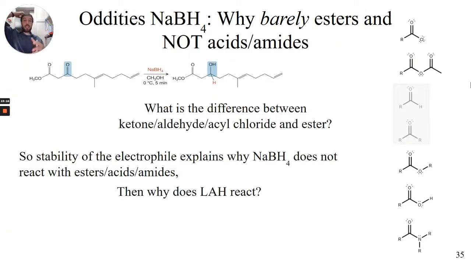Why would lithium aluminum hydride actually react? Well, as we talked about in the last unit, it's more active. But why? Lithium has a stronger connection with the oxygen of our carbonyl. That stronger connection polarizes that bond, making the electrophilic site much more active as an electrophile. What else? The aluminum is larger, which changes the distance between the hydrogen and that metal center, making that hydrogen more active because it's further away from a neutralizing species, that aluminum, or in the other case, the boron being a smaller atom.